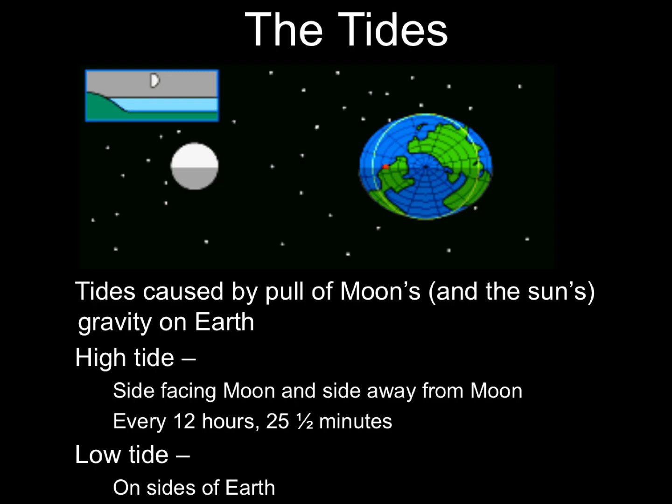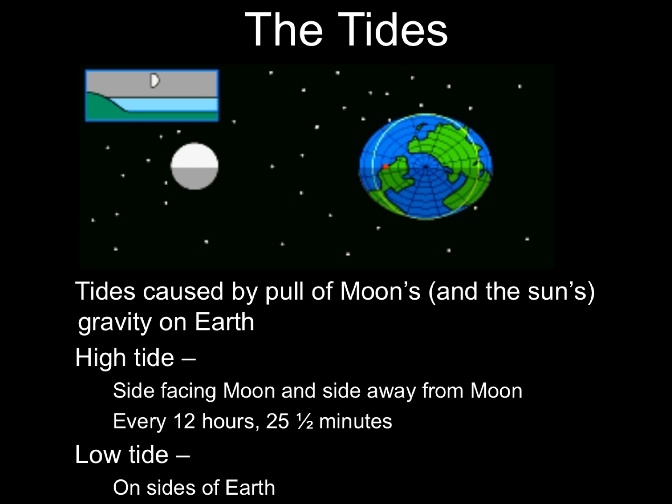Finally, our last topic of this lecture is tides. Tides are caused by the pull of the moon's and the sun's gravity on Earth. The moon is the main cause of tides, but the sun has an effect as well. Tides occur on the side of the Earth pointing towards the moon and on the back side.